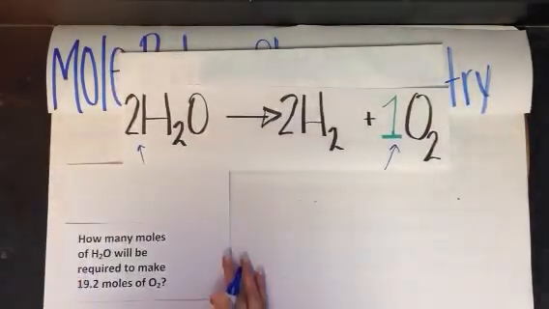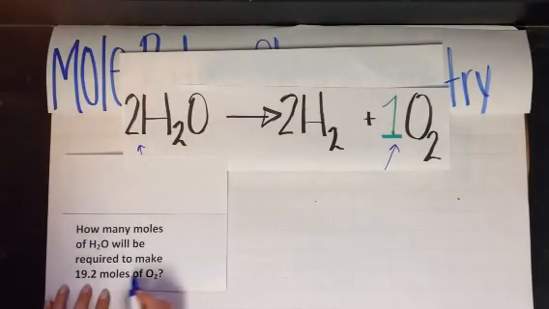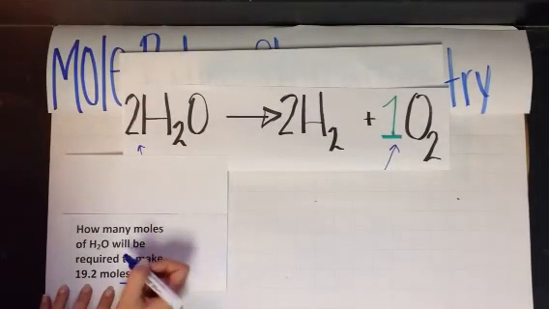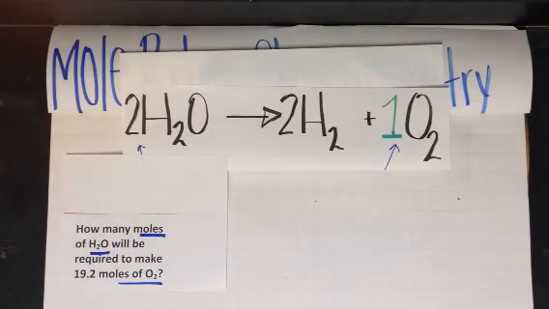Okay. So starting off with a balanced equation is the first thing you need. And if you notice, I'm going from moles of oxygen to moles of water. So the question becomes then, I want to make 19.2 moles of oxygen, right?